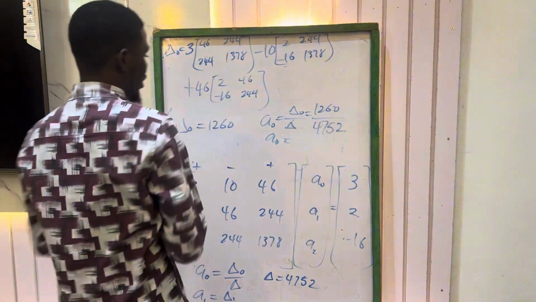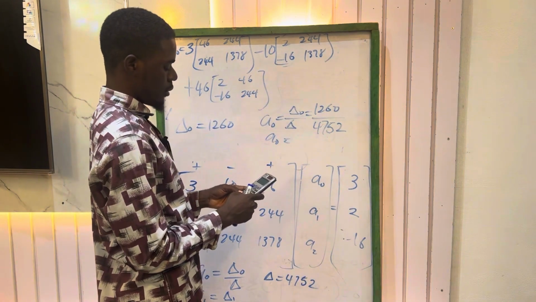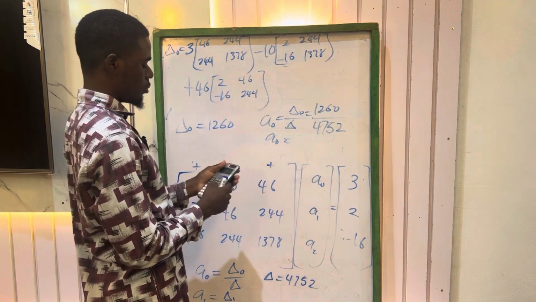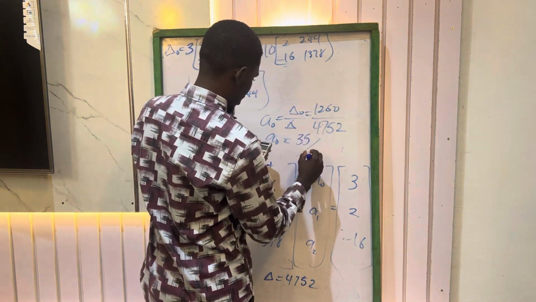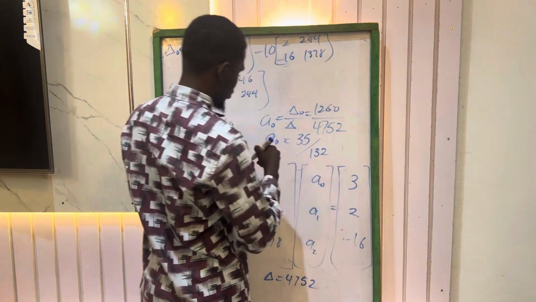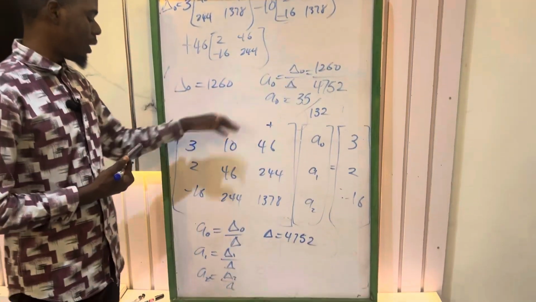Using the calculator to solve that, you're going to get 35 over 132. So that's going to be the value for your A0. Following the same method, you are going to get your A1 and your A2.